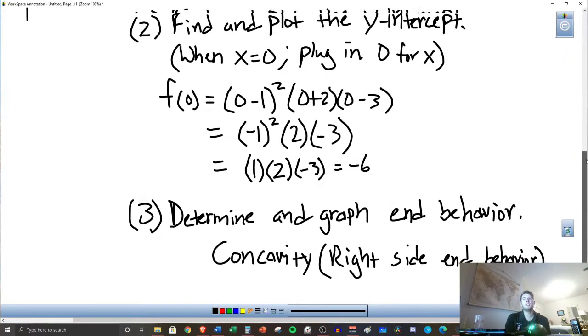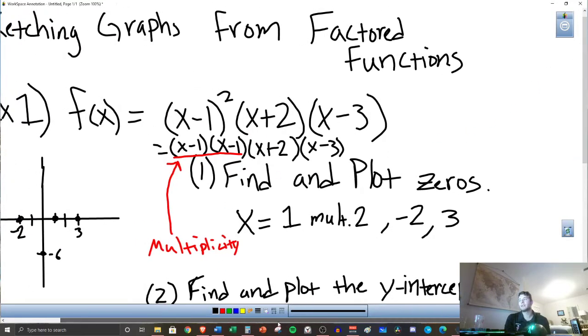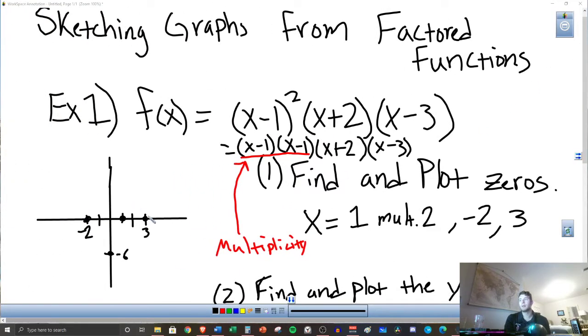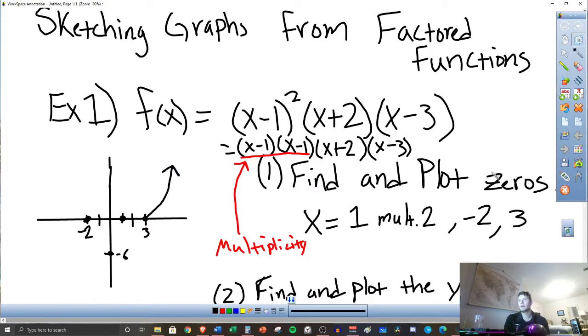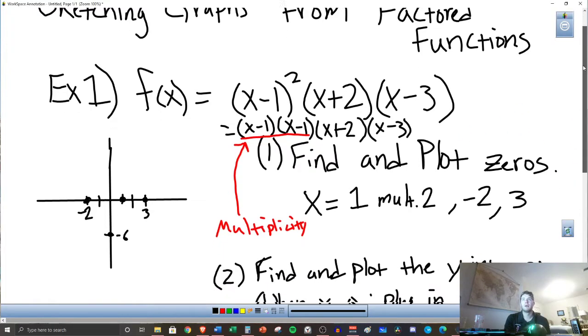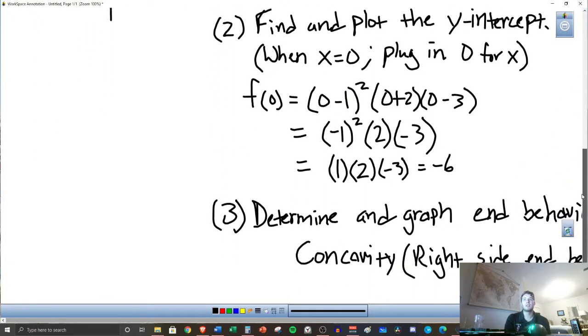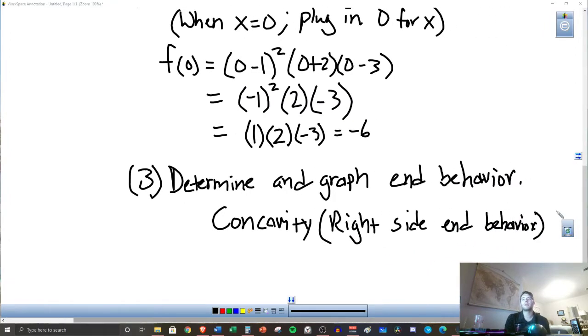So this is telling me how the right side of my graph will look. So I'm either going to draw an arrow going up, or I'm going to draw an arrow going down. So this is going to help us figure out what's happening on the right side of the graph. Let's go down and let's figure out how we're supposed to determine this.